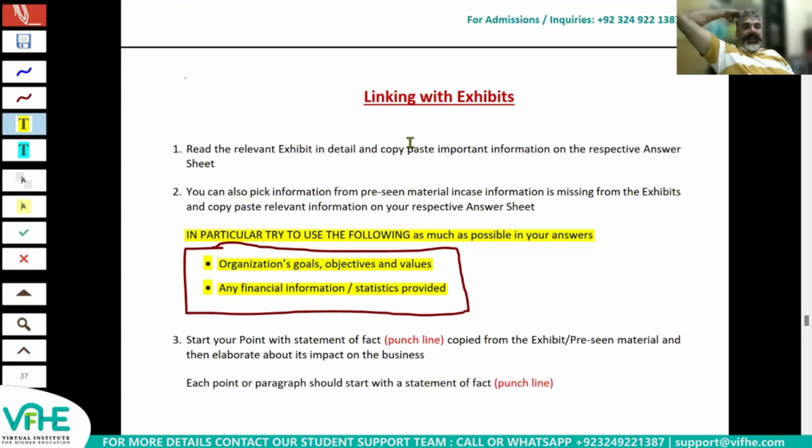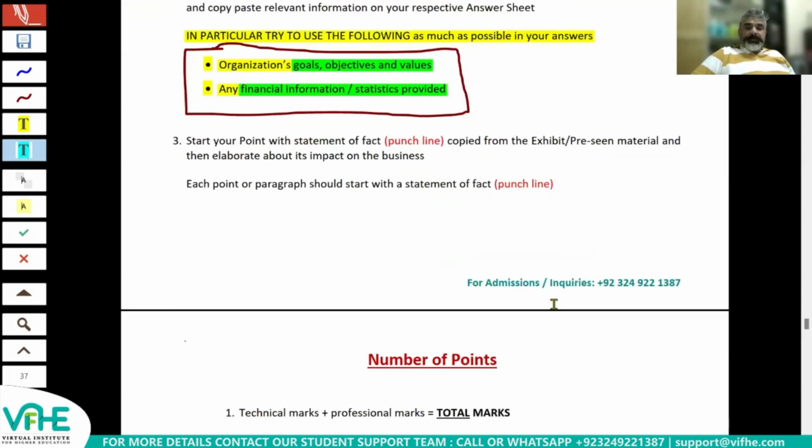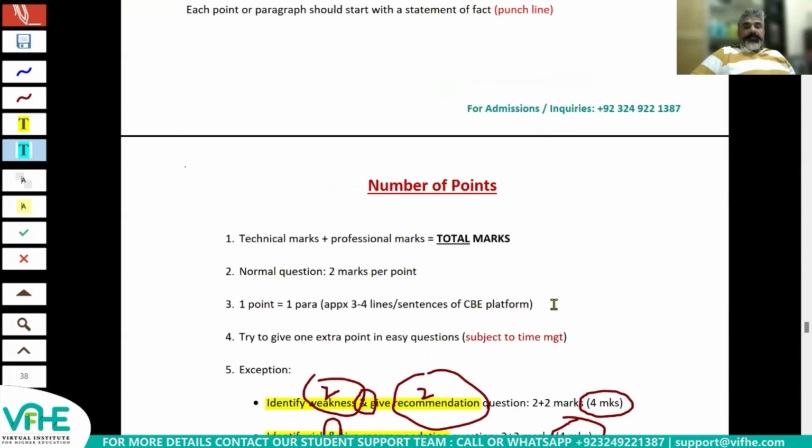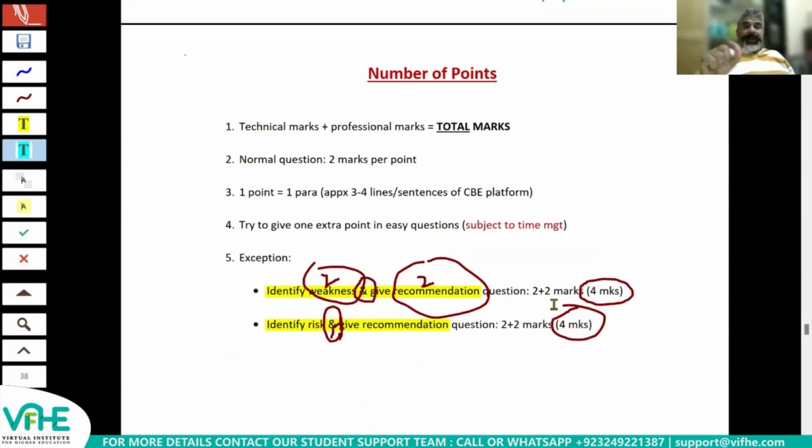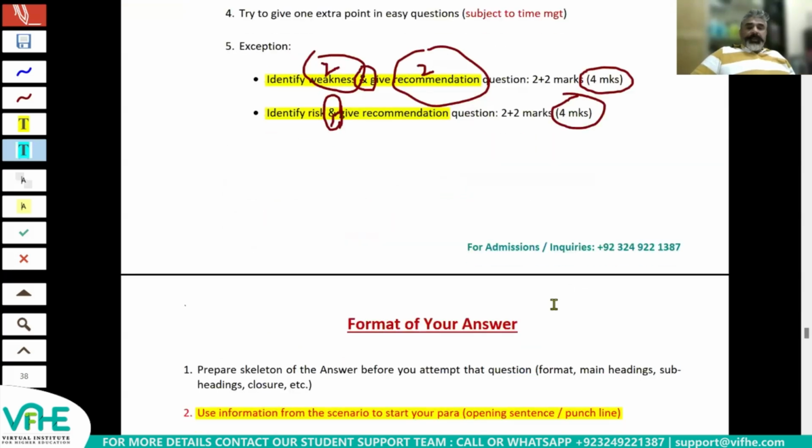For linking of exhibits, it's very simple. We will always start with a punchline from the exhibit, and from the pre-seen, I will try to refer to goals or any financial statistics as much as possible. For the number of points, it's very simple: total marks divided by 2, and if it's a tabular question, total marks divided by 4.